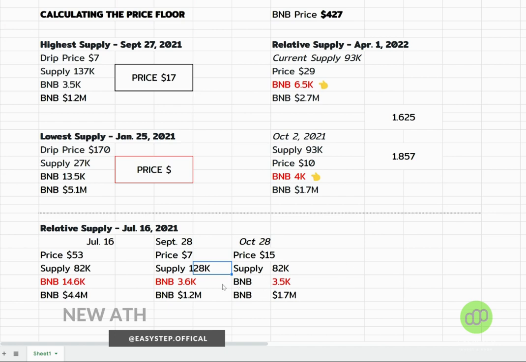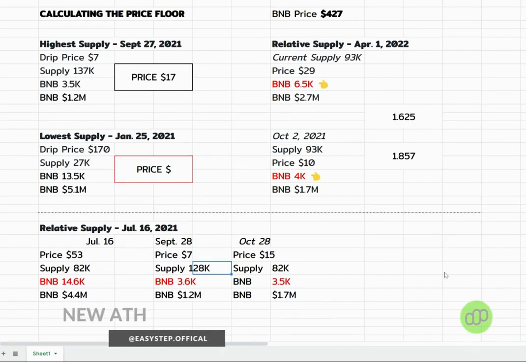So the BNB balance was going down because of the selling of DRIP, and also because it was constantly paying out BNB rewards to the stakers in the reservoir in the background. So now that we have a better idea of what's happening with the BNB balance and the DRIP supply, let's go back to the price chart.